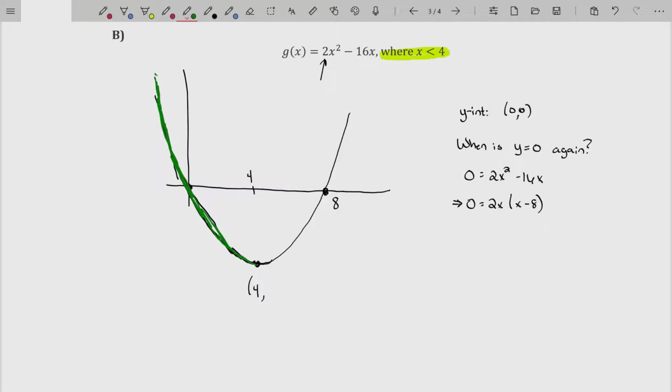So for all this stuff. Well, if that's the case, I can erase all the stuff that occurs after x equals 4. And if you look at that domain restricted version of this function, it definitely is 1-to-1 because it passes the horizontal line test. Any horizontal line I draw hits that curve at most once.